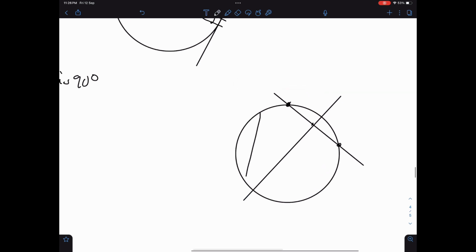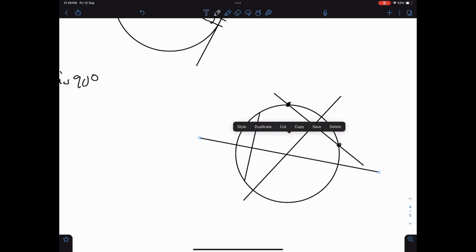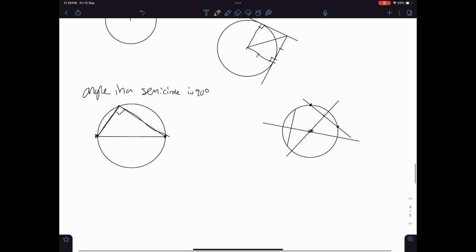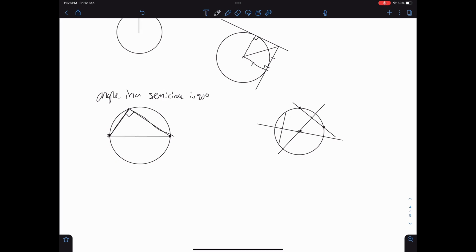And if we did another one, then we would actually locate the centre, something like that. So the perpendicular bisector of a chord passes through the centre.